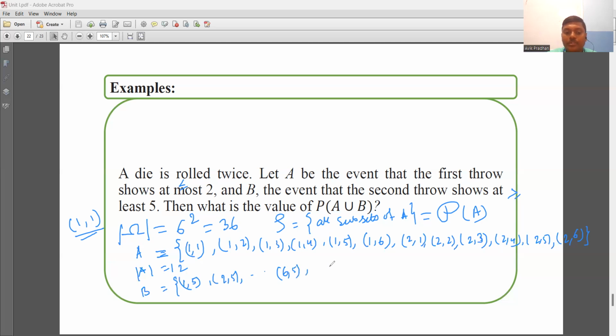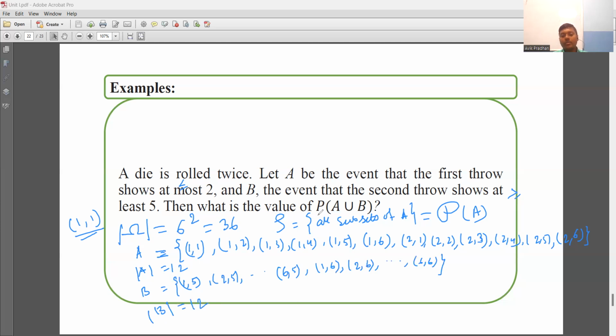So there are 6 possible things. Similarly, I'll have 1 6, 2 6 and so on up to 6 6. So B will contain 12 possible outcomes. The cardinality of B will be equal to 12.